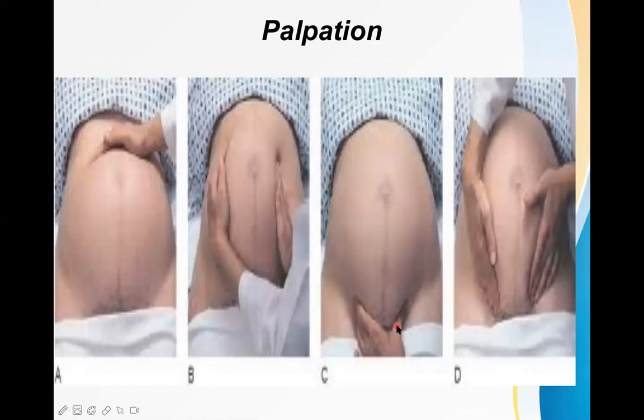So these two, C and D, are called pelvic grip. B is the lateral grip, and A is the measurement of fundal height, or you can also call it fundal grip if we use both of our hands to palpate the fundus. So all of these are called Leopold's maneuver.